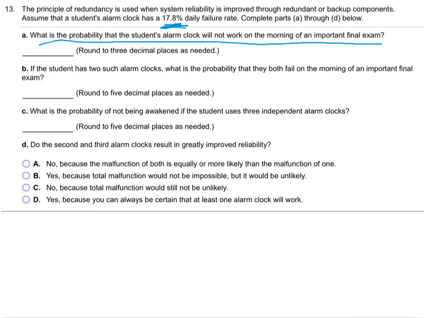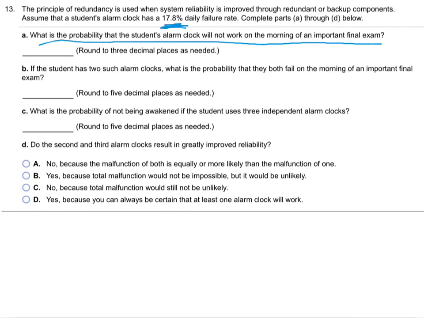So let's say the alarm has a 17.8% failure rate. So what's the probability it will not work on the morning of an important final exam? So failure rate means the percent chance it's going to fail, huh? 17.8% of the time it fails.